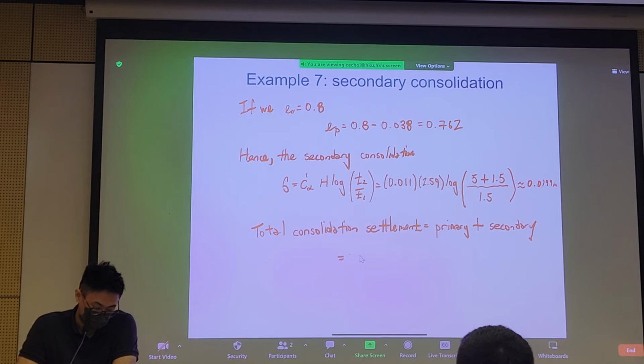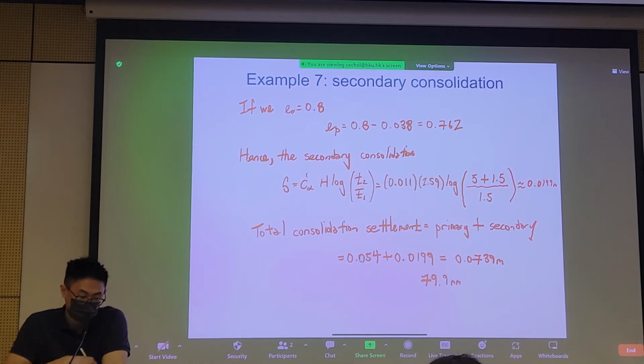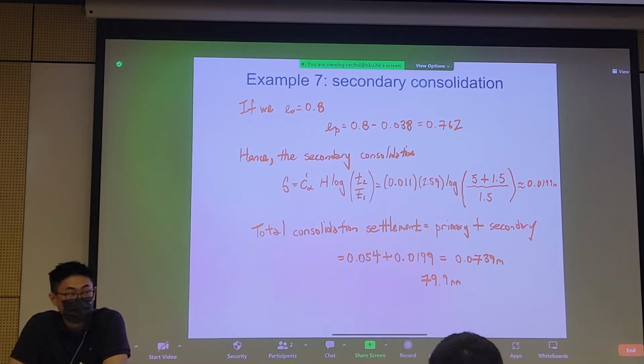So we know that's 0.054 for primary, and our secondary is 0.0199. This gives us about 0.0739 meters. So the total settlement is about 79.9 millimeters, including primary and secondary.